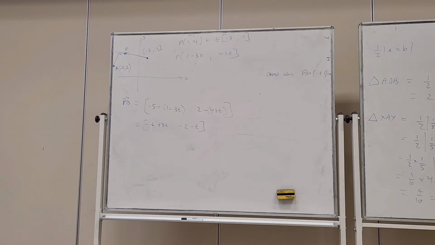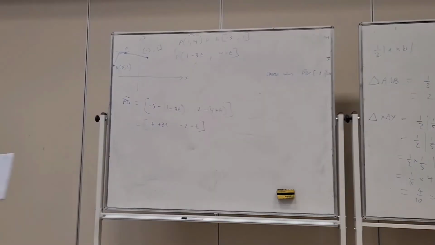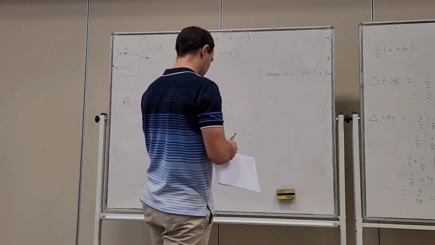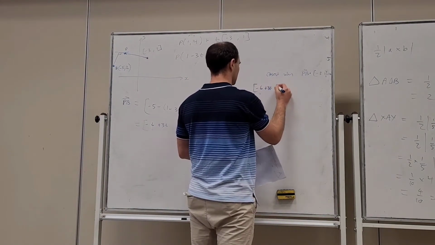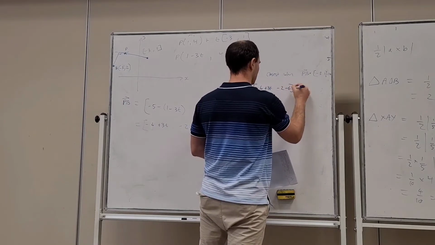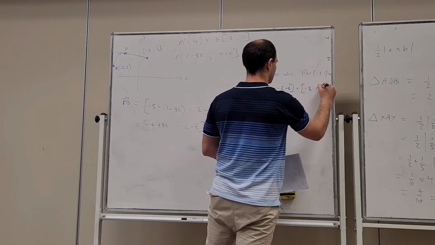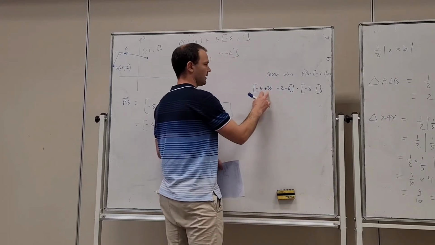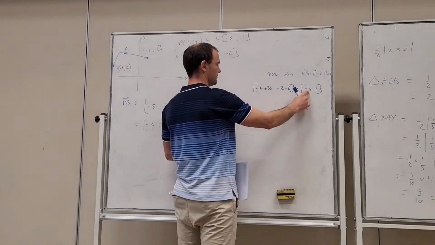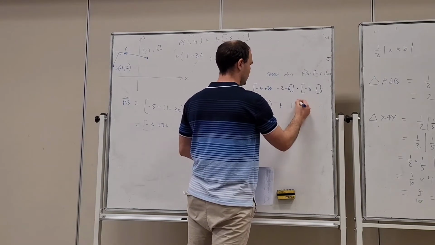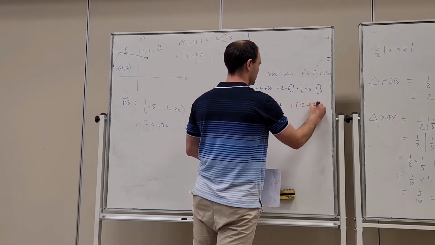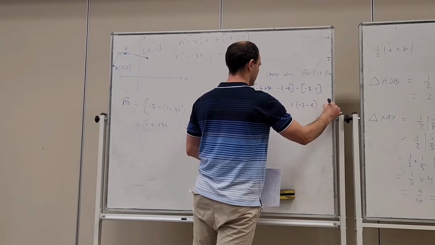That's going to be (-6 plus 3t, 2 minus t) dot (-3, 1). Alright, so we're going to have -6 plus 3t times -3, and then added to 1 times (2 minus t), and we need that to equal 0.